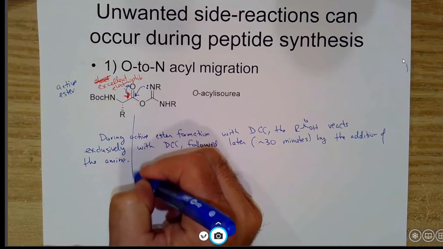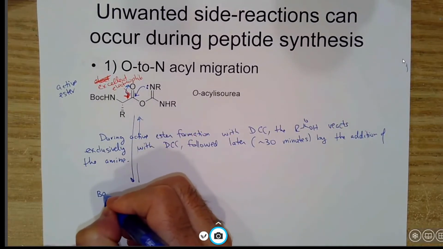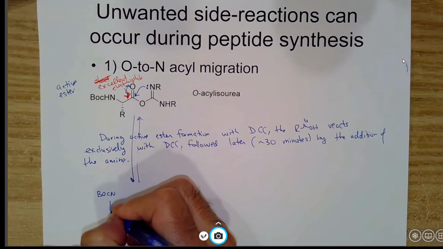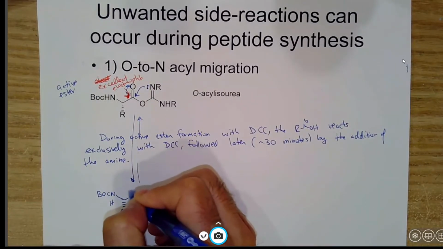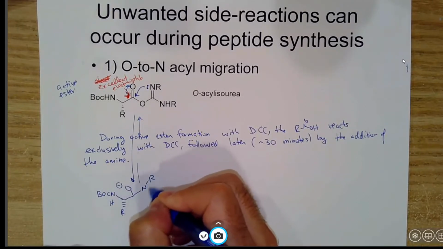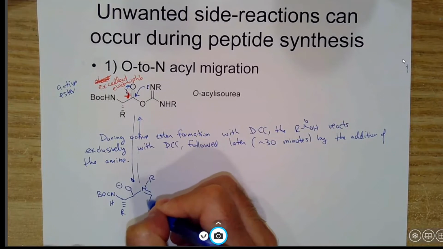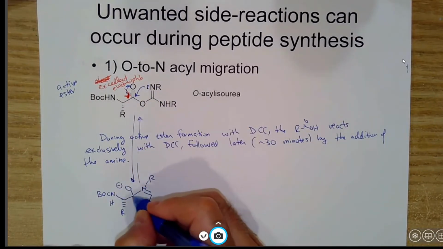And if that were to happen, what you're going to end up with is a 1, 2, 3, 4-membered ring intermediate.